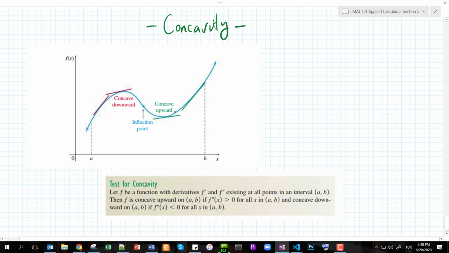But if you have the valley here, your function is going to be concave upward. There is another way of saying this. If your curve is under the slope line, you definitely have concave downward. But if your curve is right above the slope line, you can definitely say you have a concave upward graph.